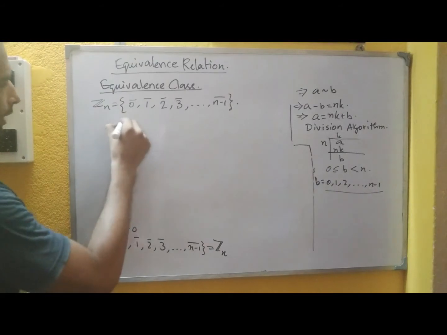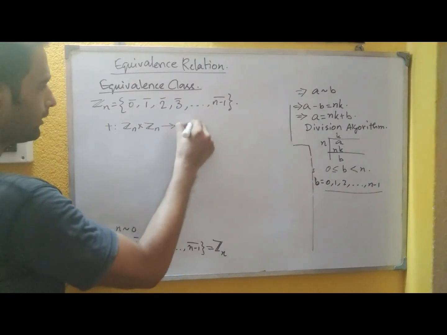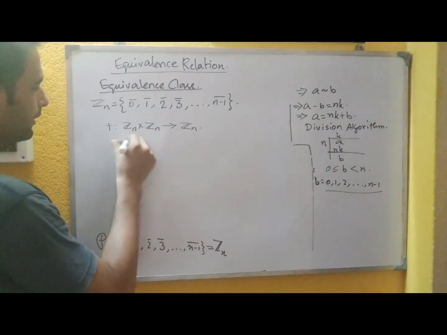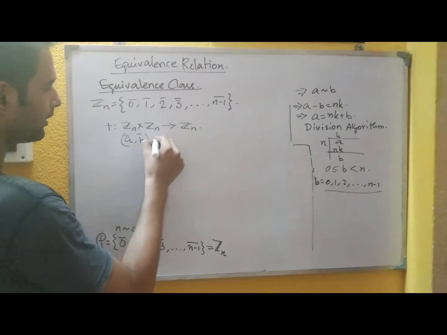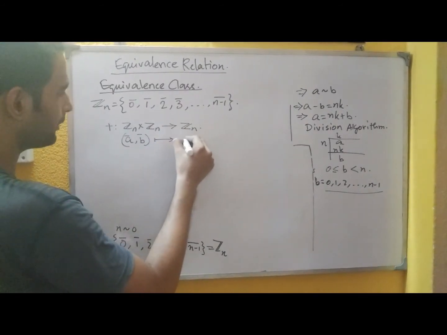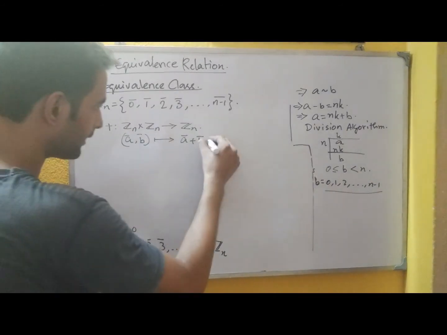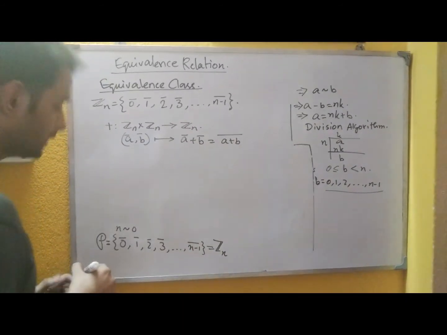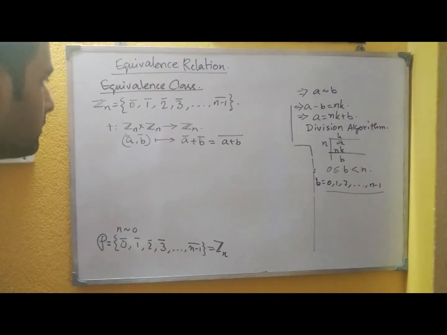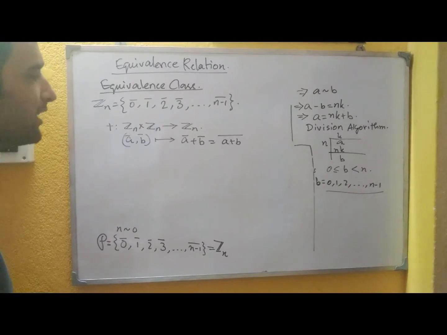Since it is a binary operation, we can define it like this: Zn cross Zn to Zn means it will take two elements, class A and class B, and it will map it to the element class A plus class B, and you can verify that this will be the result. It is A plus B class.